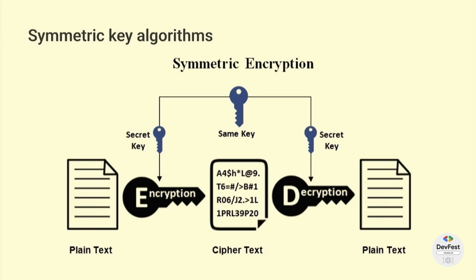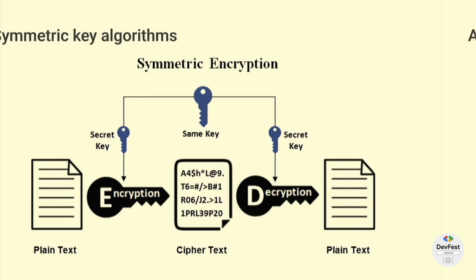Later we will see which algorithm we can use. With the encryption phase we obtain a ciphertext, and with the same key we can use the algorithm to get the original text back from the ciphertext. This is called symmetric encryption because we share the same key for both encryption and decryption.